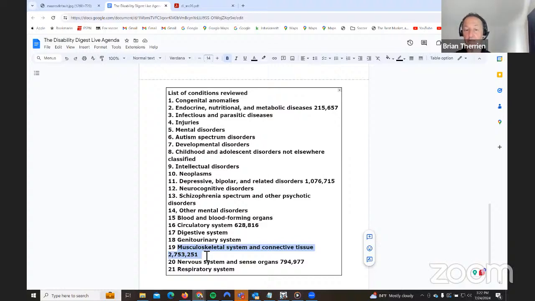And the limitations caused by a condition on person A could be different than it is for person B. So I'm sharing this information with you like, all right, it's possible. Or, okay, I'm approved, I get it, there are others like me, but it doesn't necessarily mean it's a lock on that. Okay. So hopefully that is helpful.